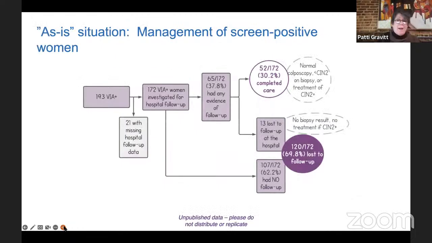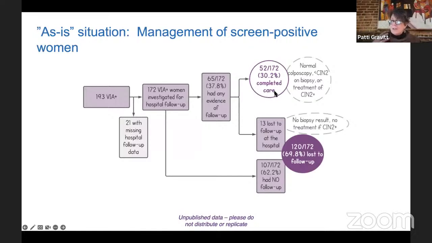We also looked at what happened once your screening test was positive, and we were particularly looking at the 193 over the 18 months monitoring and evaluation of the as-is situation of those who were VIA positive. 172 were investigated for hospital follow-up. We found just under 40% had any evidence of follow-up, and only 30% of those did we determine actually completed the care continuum.